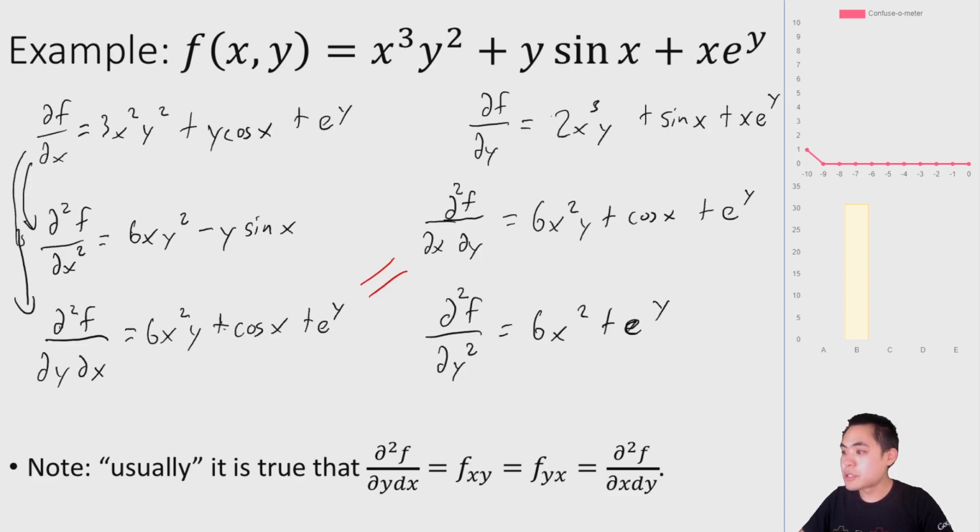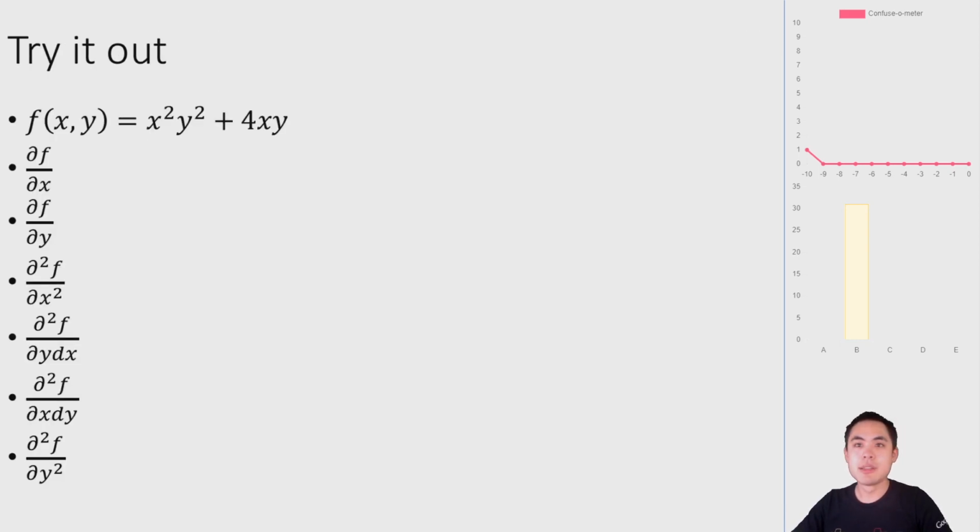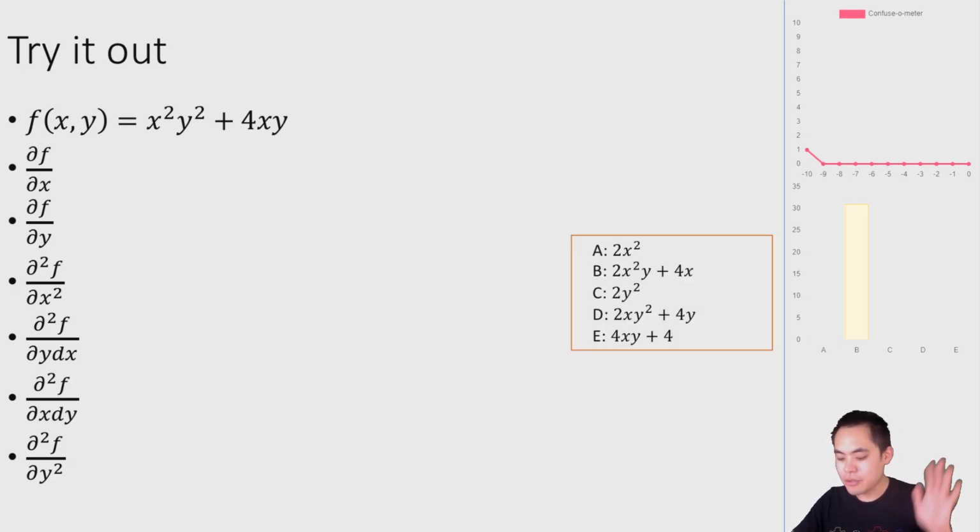Okay, well, let's try it out. So I have a bunch of different partial derivatives, including second-order partial derivatives, and I want you to tell me which of these it is. So let's start with the top one first. The very first one, del f by del x. What does this equal?